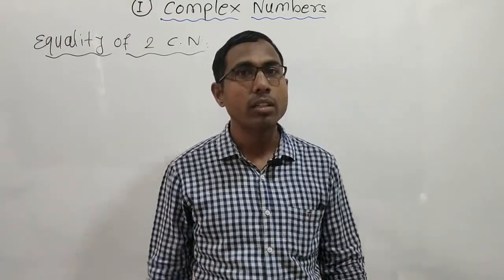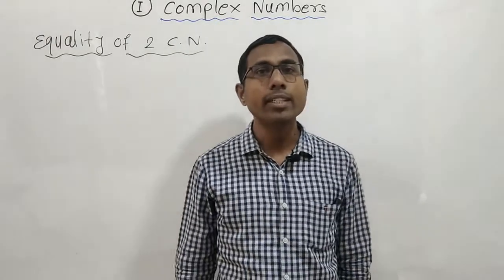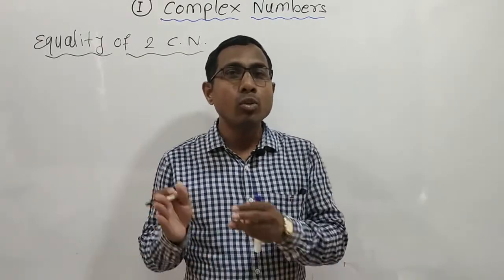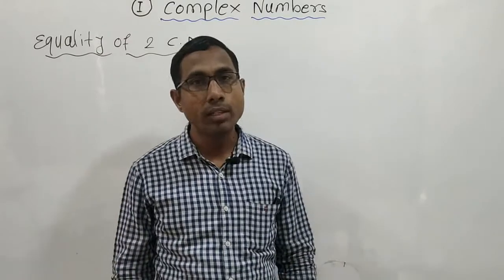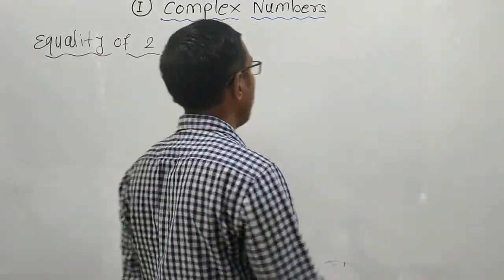Otherwise they are not equal. Conversely, if the real parts of the two complex numbers are equal and the imaginary parts are equal, then the two complex numbers are equal.